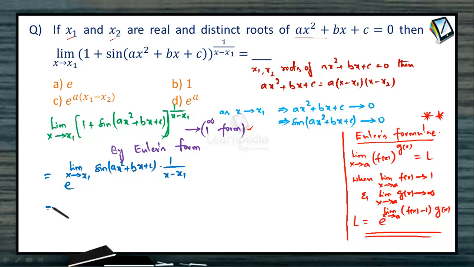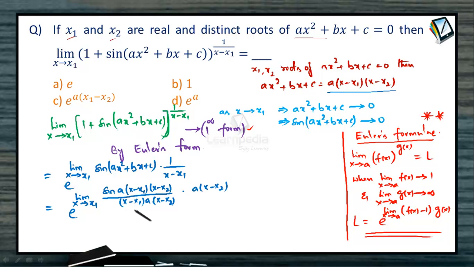Then this limit would be e to the power of the limit as x tends to x1, as we have ax² + bx + c factorized as a times (x − x1) into (x − x2), divided by (x − x1). Now let us multiply the numerator and denominator with a times (x − x2).